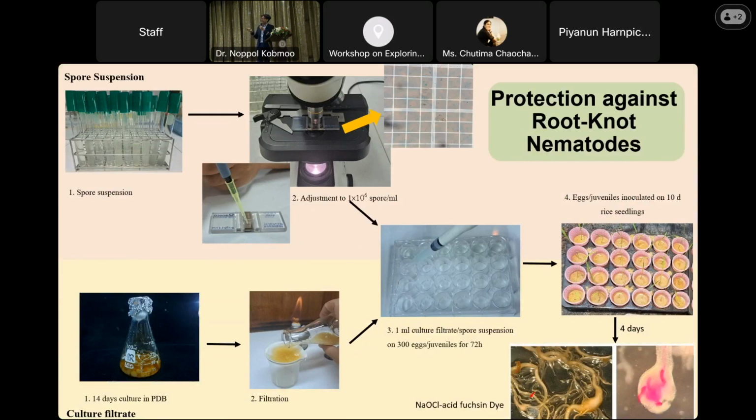So basically, you incubate eggs or juveniles of the nematodes in spore suspension or the culture filtrates for 72 hours and then take out those eggs and juveniles to inoculate on rice seedlings and let the rice seedlings grow for a few days, take them out, do specific coloration to be able to visualize the nematodes, and you can quantify the virulence of the nematodes.